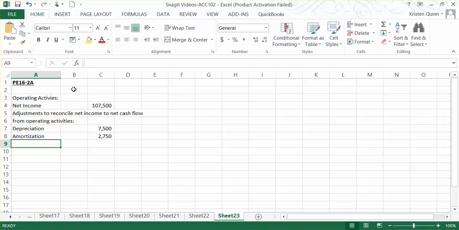So therefore, we don't want to count it twice. So we are going to add back in the $4,000 loss here. Again, a loss on our income statement would have reduced net income, and we want to reverse the effect.